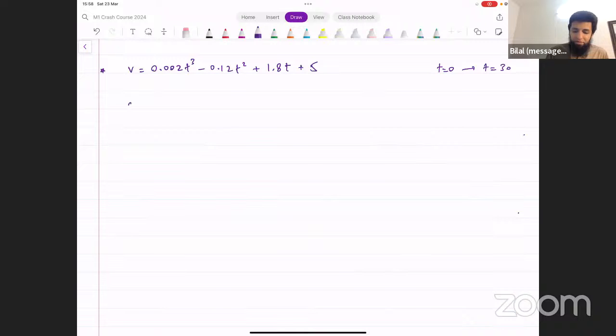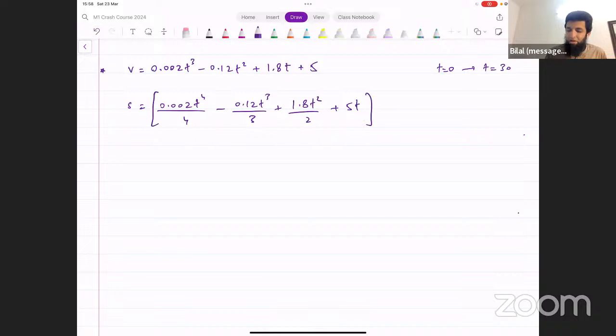We just integrate this function and input limits. That's 0.002 t raised to power 4 divided by 4, minus 0.12 t cube divided by 3, plus 1.8 t squared over 2, plus 5 times t. You input the limits from time equals 0 to time equals 30, and that gives you the result.